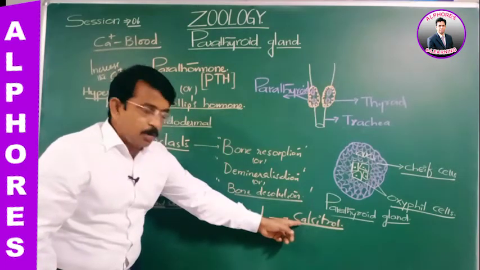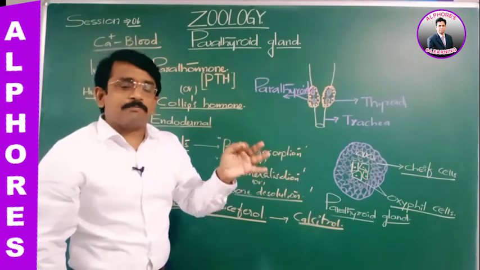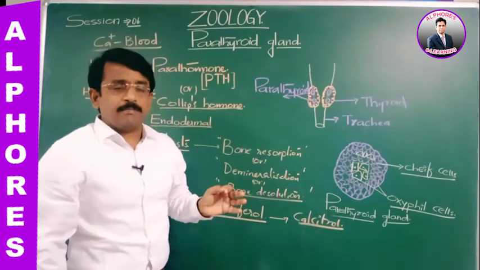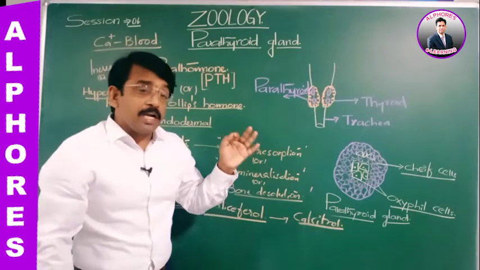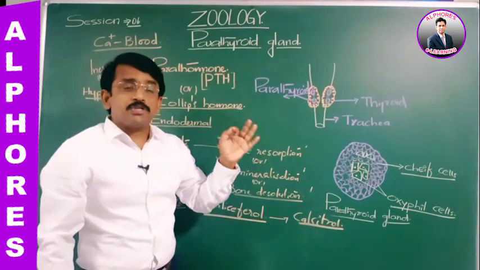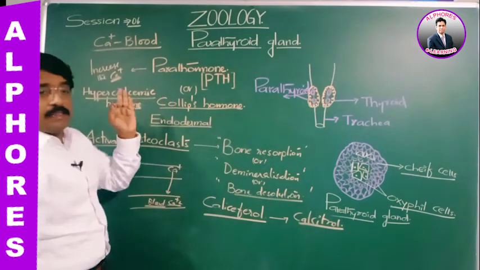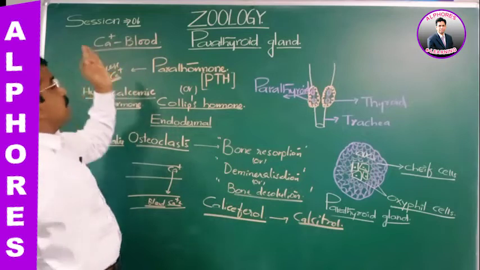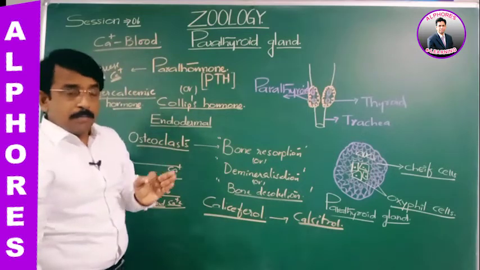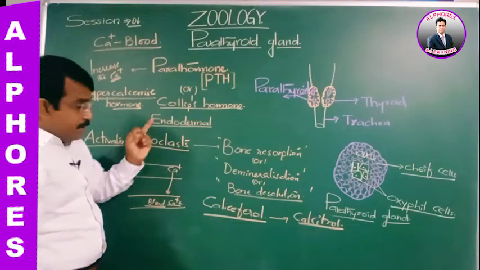This calcitriol is responsible for absorption of calcium from the gastrointestinal tract, and it also plays a role in absorption of calcium from the renal tubule. So indirectly the calcium levels are increased by the parathormone by activating the osteoclasts.